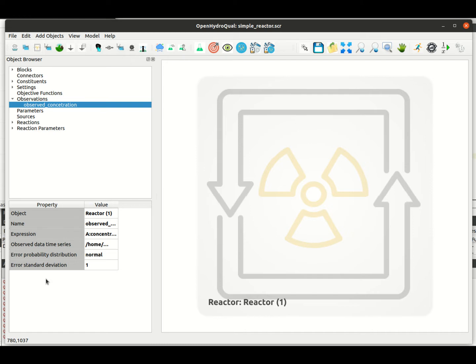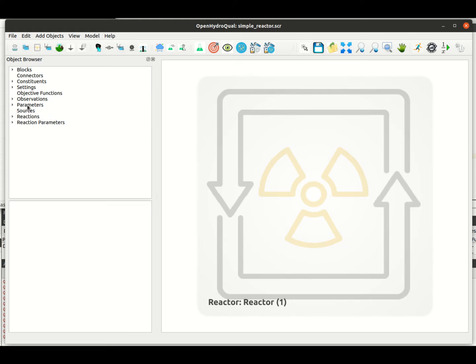In the case of stochastic parameter estimation, the error standard deviation will matter, right? So anyways, I'm going to introduce three parameters: my KD, the decay rate, initial concentration, and then the error standard deviation. So let's do that.